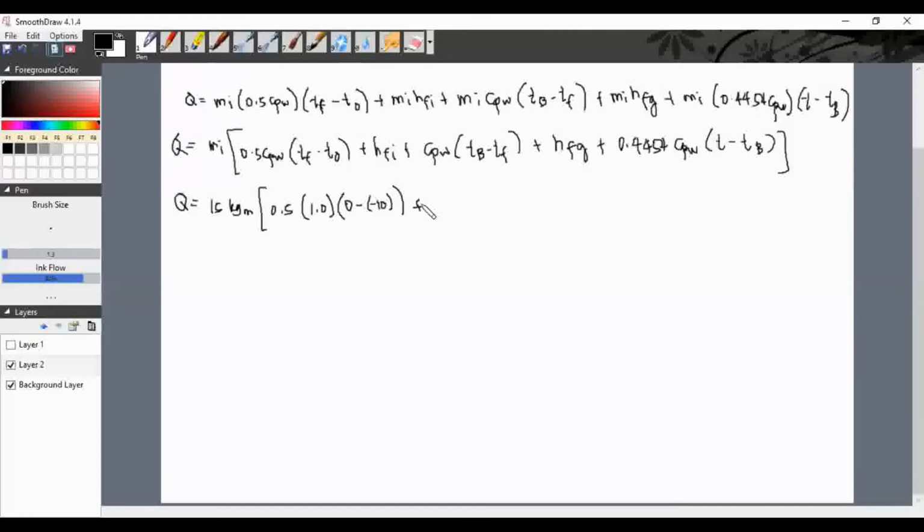Ang gagamitin natin is 80 kilocalories per kilogram, plus Cp ng water is 1.0 kilocalories per kilogram degree Celsius times 100 boiling point minus freezing point 0, plus HFG of 539, latent heat of vaporization, plus 0.4454.